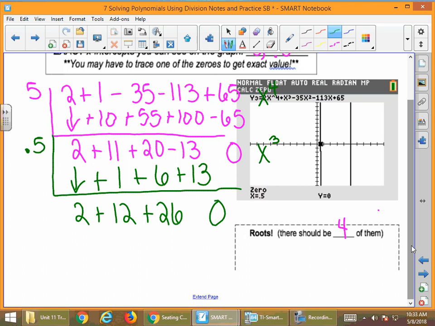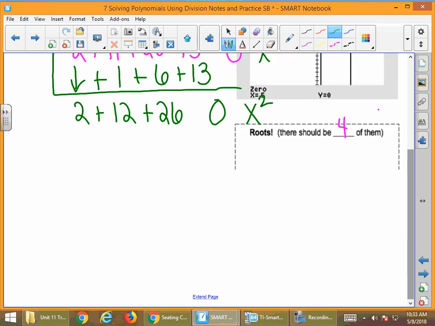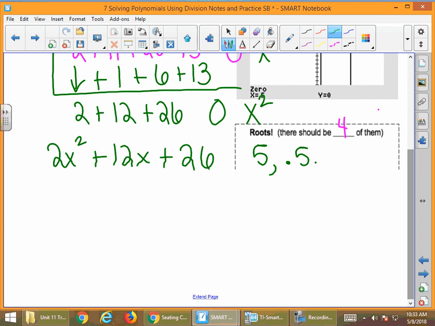And since we synthetically divided again, we had started with x cubed, so now we're down to x squared. And what we have is 2x squared plus 12x plus 26. And we're going to use those values to get our other 2 roots. We know the 5 and the 0.5 already. We're going to use our quadratic formula with a equals 2, b equals 12, and c equals 26.